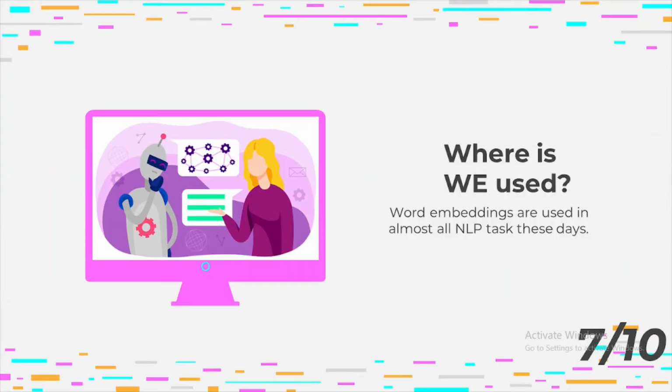Where is word embedding used? Word embeddings are used in almost all NLP tasks these days. If we talk about the benefits, word vectors are much faster to train than it is to build models like WordNet, which also captures semantic information but in a much more formal way, and that's built by hand for every word.